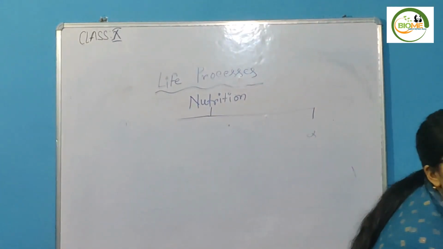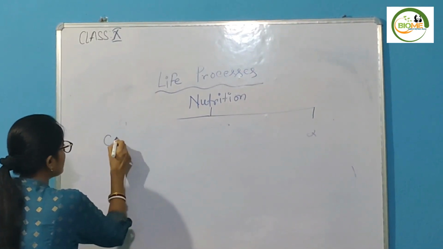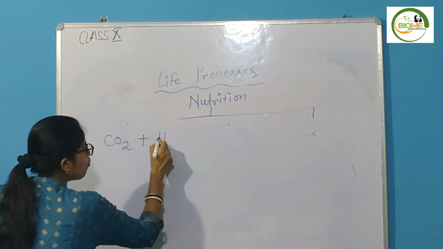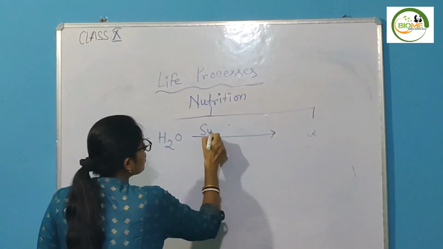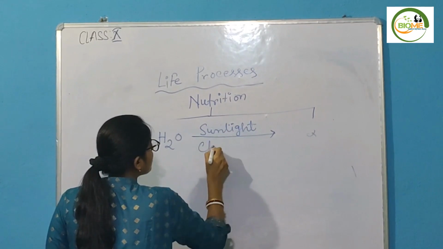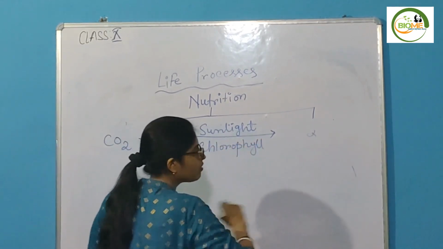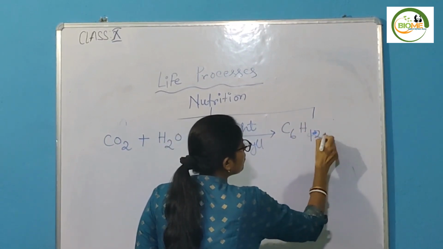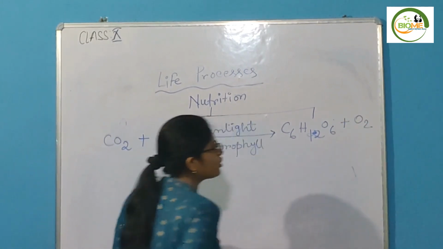So let's see the chemical equation of photosynthesis. CO2 plus water, in the presence of sunlight and chlorophyll, gives C6H12O6 plus oxygen.